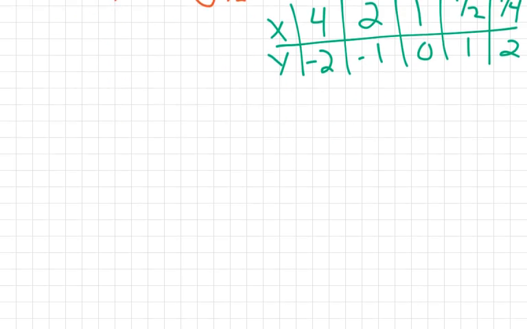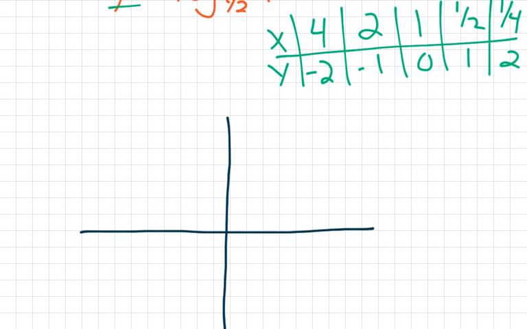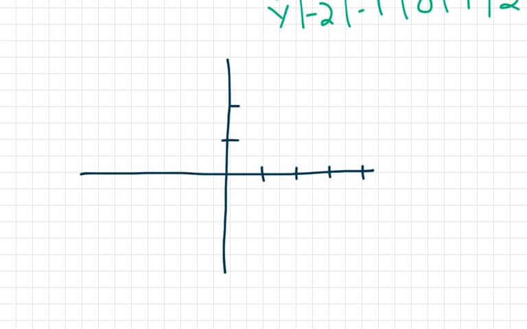And then we can go ahead and sketch our picture. So I'll bring in my XY plane here, something like that, and we can go ahead and plot our points. I guess I can mark 1, 2, 3, 4, and 1, 2 on the other axis.